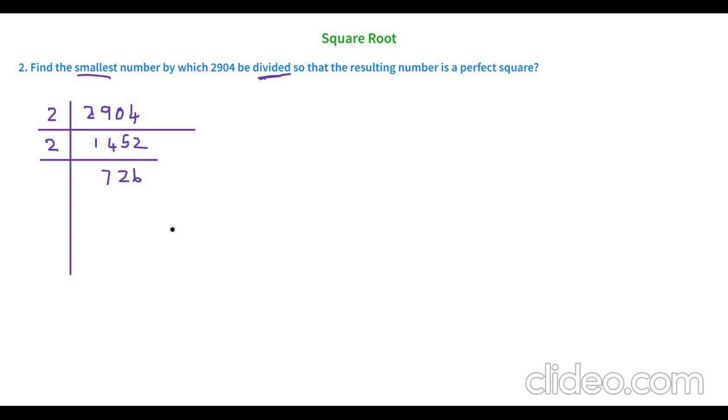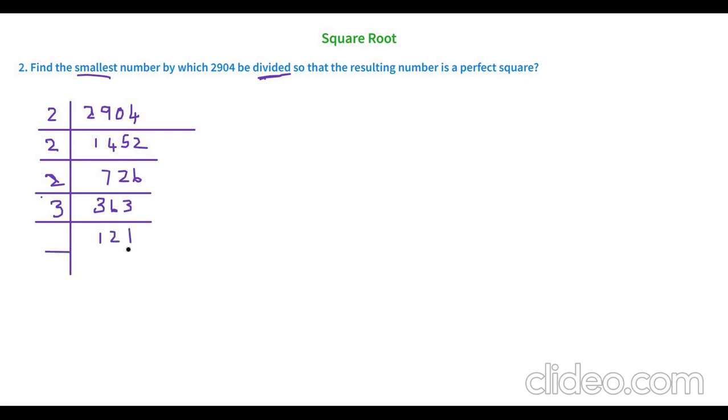This will be further divisible by 2. So we would be getting 363. Now this is not an even number. It will not be divisible by 2. So this is divisible by 3. So here we would be getting 121.